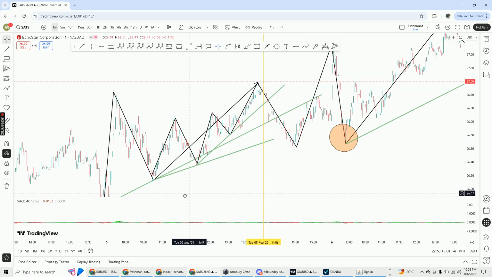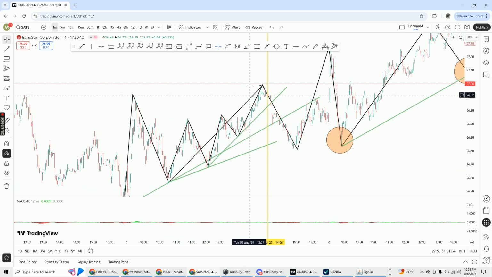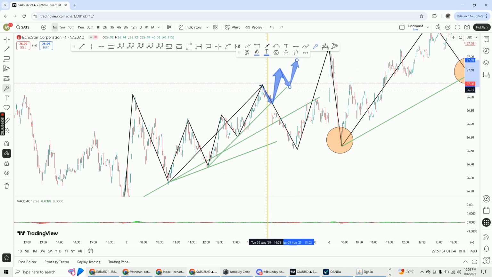And usually, price can only do two things at this point in time. Once you see it like this, price can either go like this and keep trending, or price can go like this, like it did here, and just break down and trend the other direction.